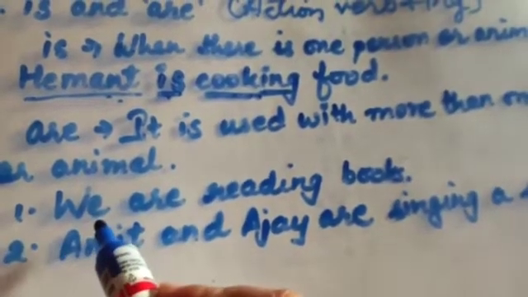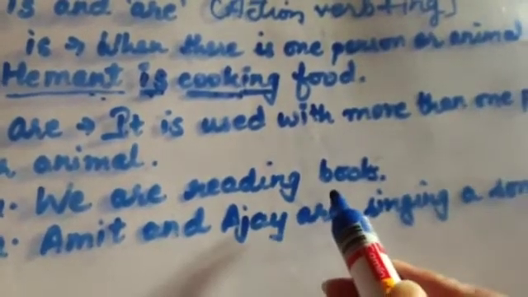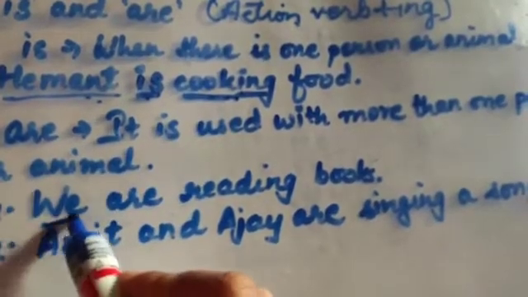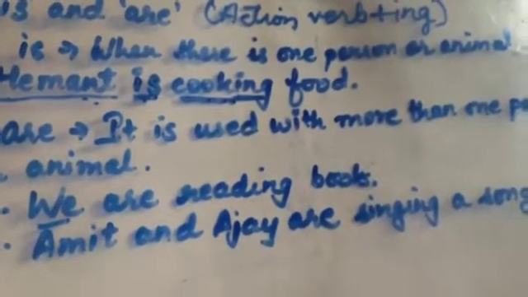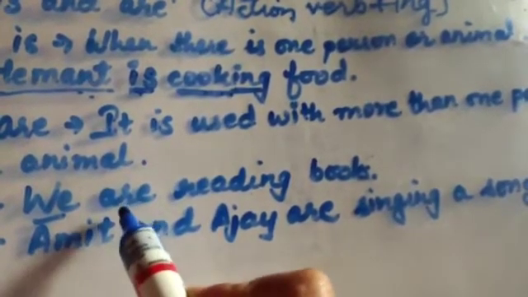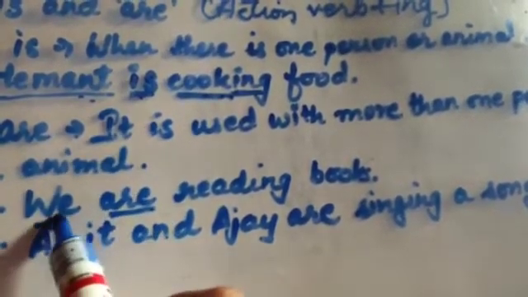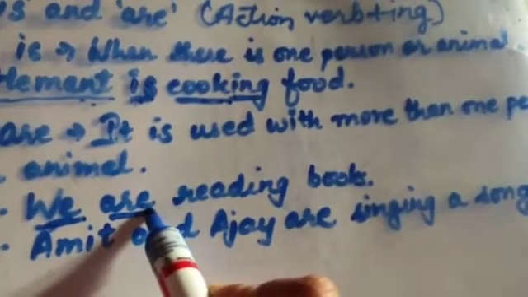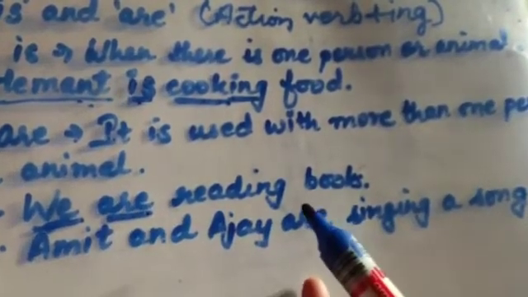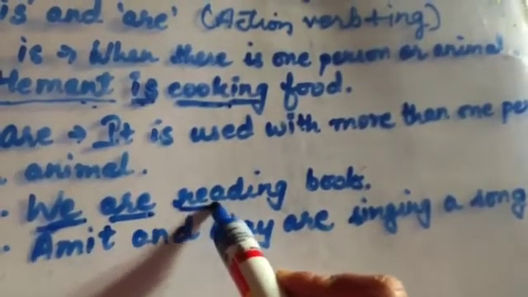Okay, for example, we are reading books. Now we means one person or more than one? It is more than one person. So what have I used with we? Are. So whenever there will be more than one person, we will use the helping verb are. Now what action verb have I used?